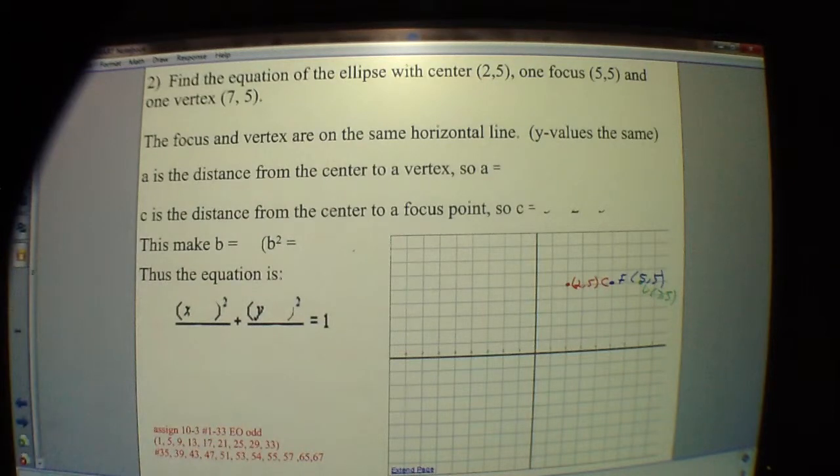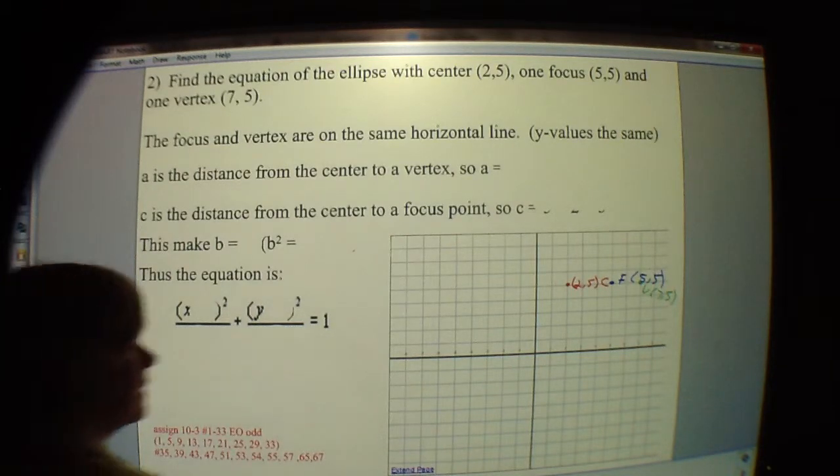So now when you look at that, you should say to yourself, oh, the major axis must be horizontal because the vertex and focus are on the same line.